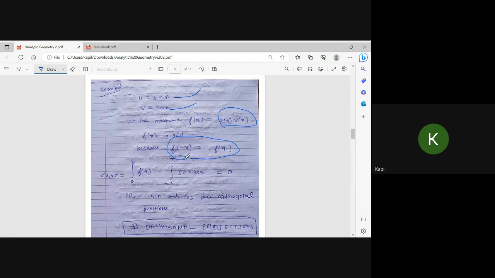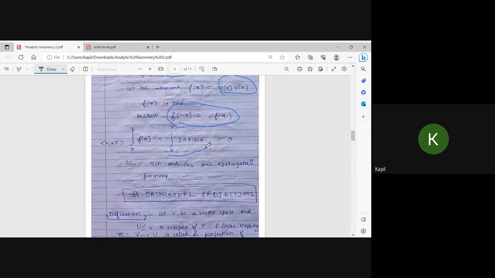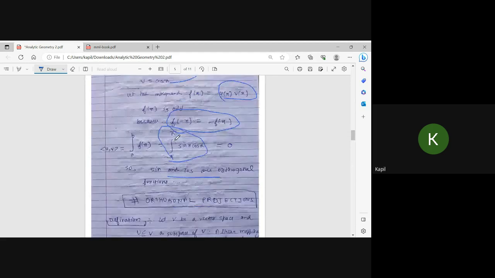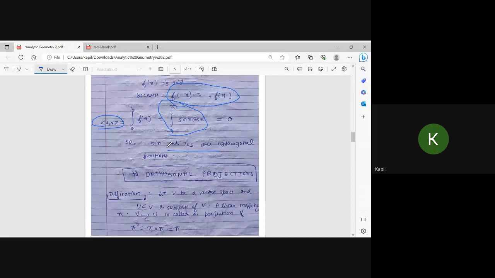So f(x) is odd. If we integrate this odd function from minus a to a, sin x cos x, it comes out to be 0. So sin x and cos x are orthogonal functions because their inner product comes out to be 0.